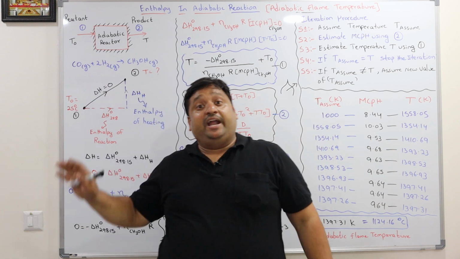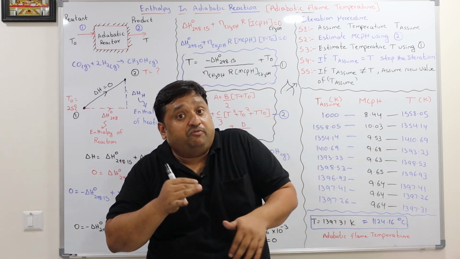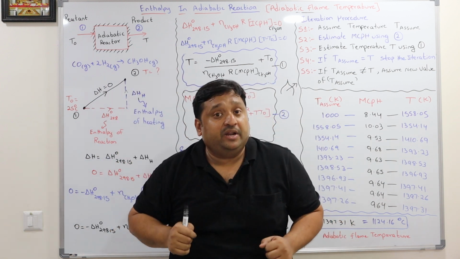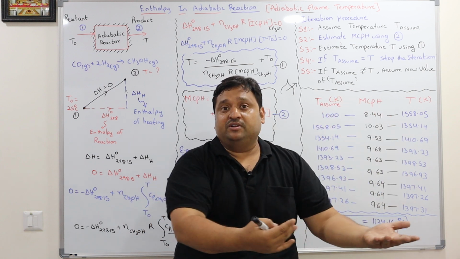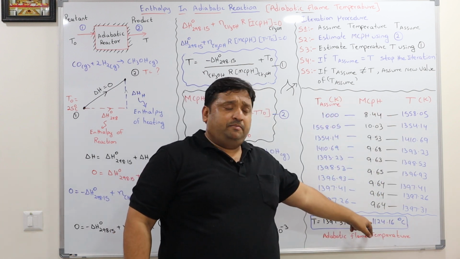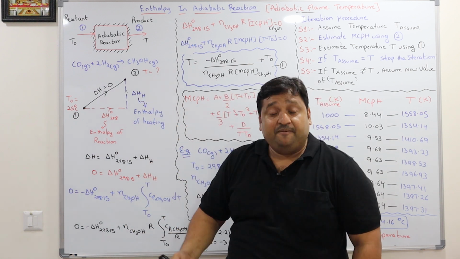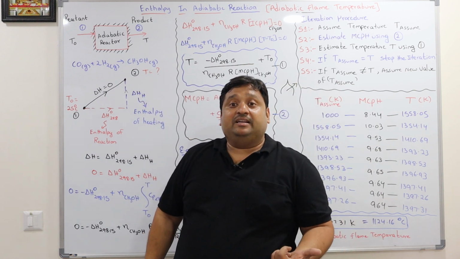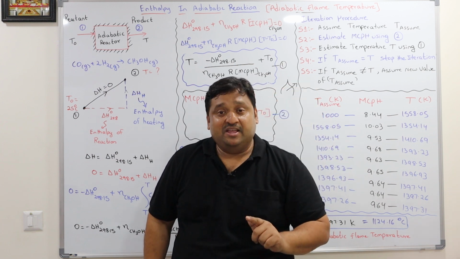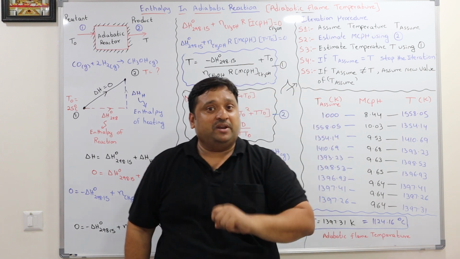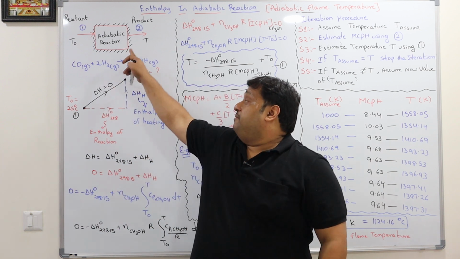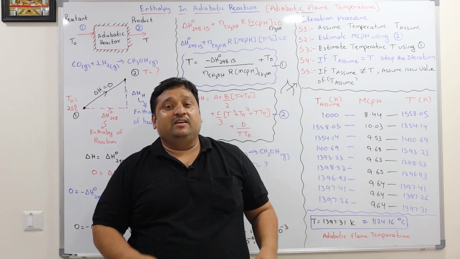So using these adiabatic concepts, you can find out the maximum possible temperatures for different reactions. The 1124 degrees centigrade is for this particular reaction. Similarly, you can calculate the acetylene gas reaction and find out the maximum temperature in the adiabatic case.